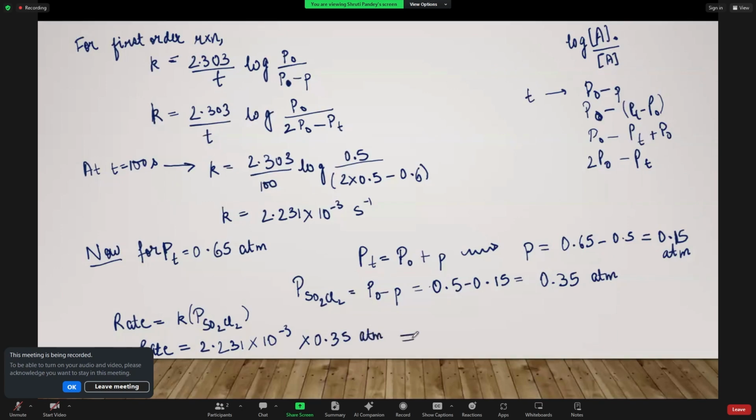So now, on multiplying it, you will get the value around 7.8 into 10 to the power minus 4. And the unit would be, because this is ATM, per second. Okay, 7.8 into 10 to the power minus 4 atmospheres per second. This is the rate of the reaction when the total pressure was measured to be 0.65 ATM.